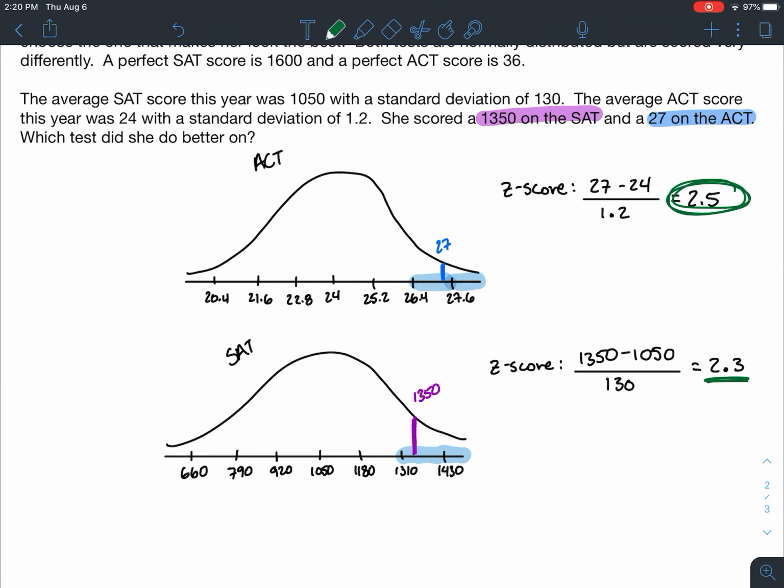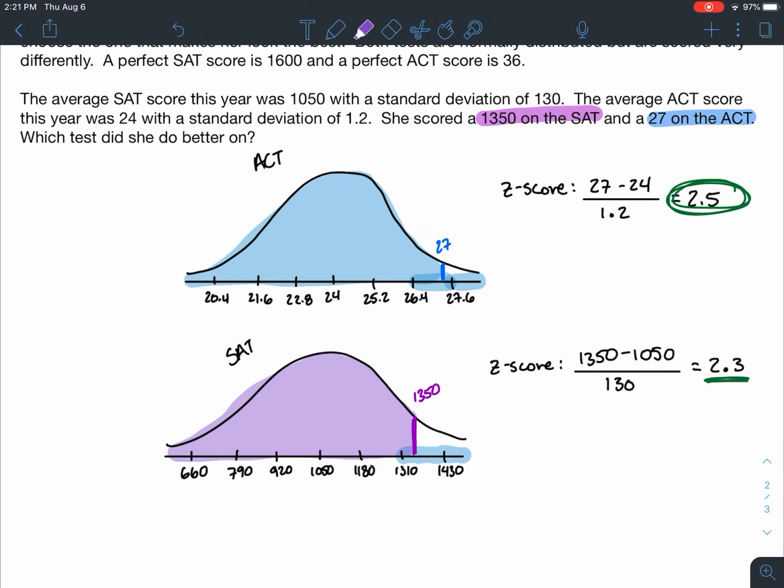If it has a bigger z-score, that means she did a lot better than most people. She has all of this that she's better than. Those are all the other people's scores. Whereas on this one, she only did as well as these. So there's going to be a little bit more of the curve shaded in on the ACT than the SAT. So we can say that she did better on that.